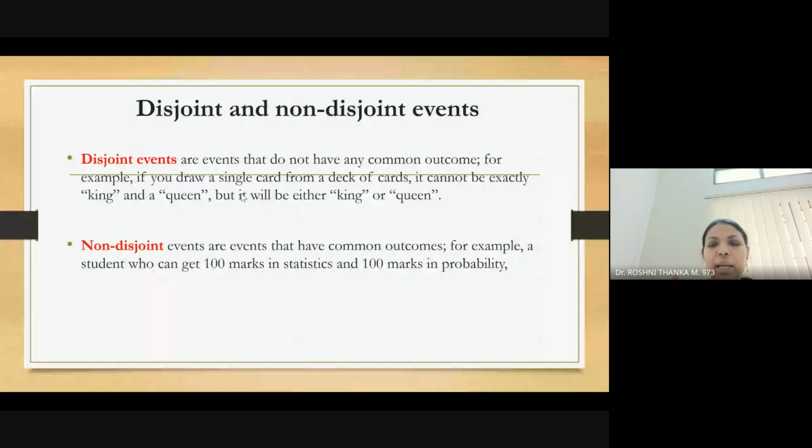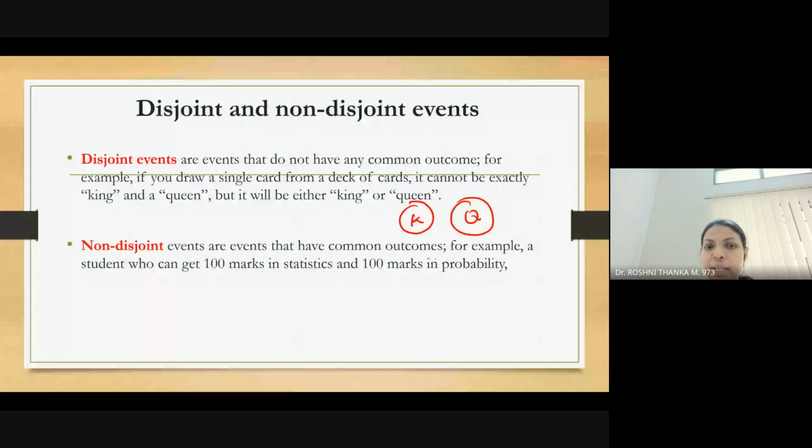What is non-disjoint? Two things may occur with something in common. For example, I can score 100 in maths as well as 100 in science. So in the 2 events, 100 is occurring as a common thing. With a king and queen, there is nothing in common; it should be either king or queen. That is a disjoint event.